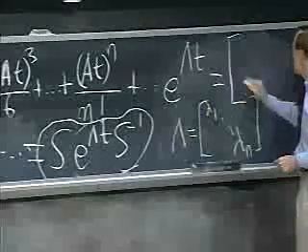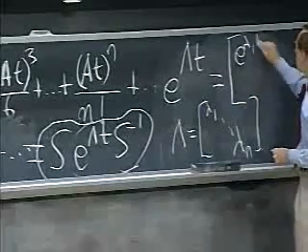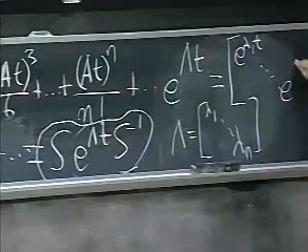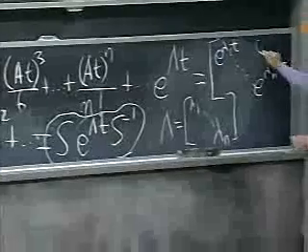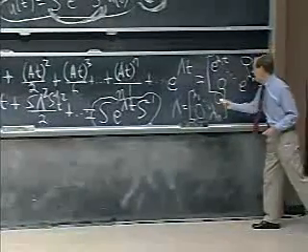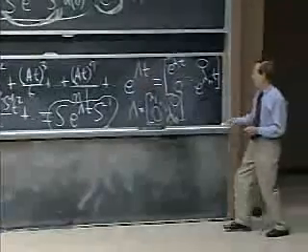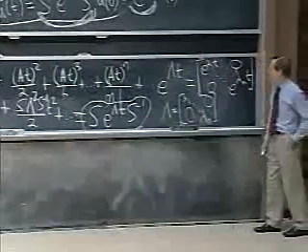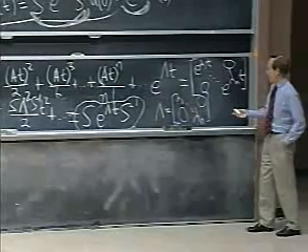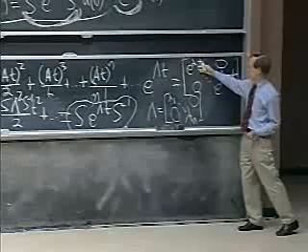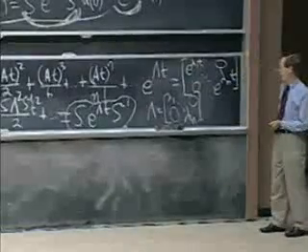It's just e to the lambda 1 t, e to the lambda 2 t, e to the lambda n t, all zeros. So if we have a diagonal matrix and I plug it into this exponential formula, everything's diagonal, and the diagonal terms are just the ordinary scalar exponentials e to the lambda 1 t.